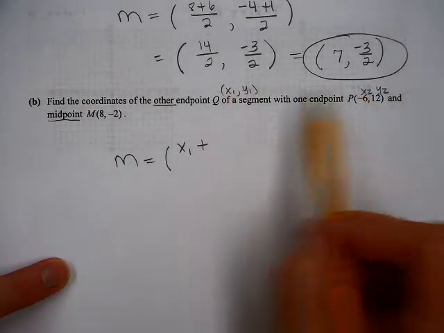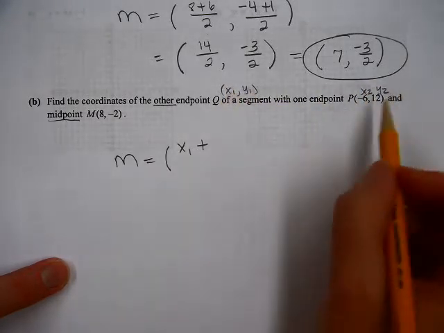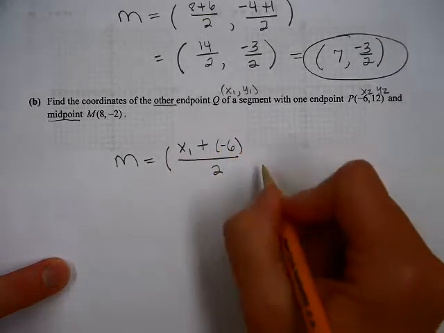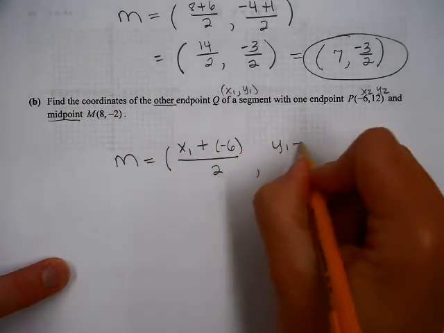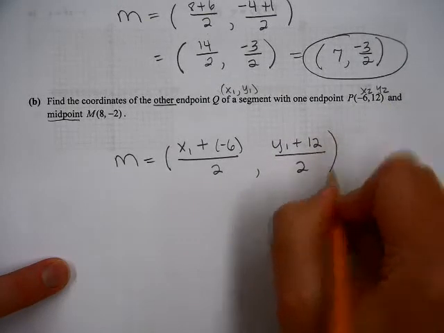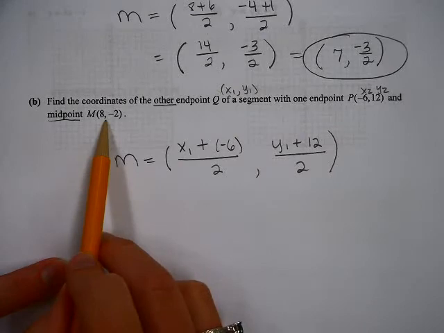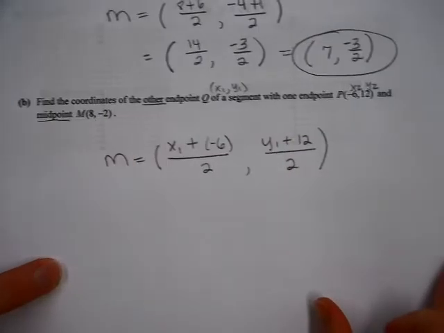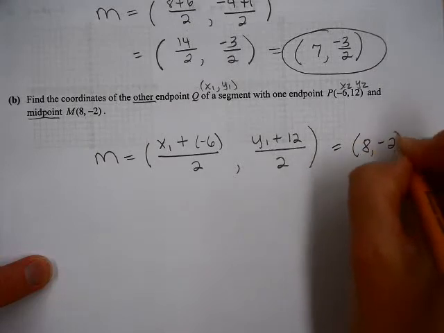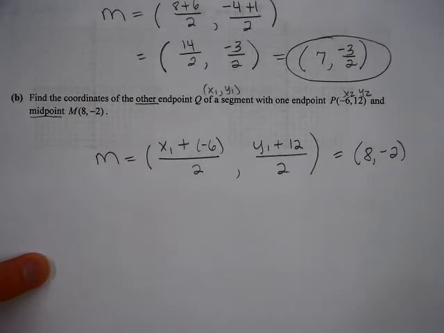So x1, we're trying to find out what that is, plus x2, which is negative 6, divided by 2, and y1 plus y2 divided by 2. And then they're telling me that this should equal (8, -2).